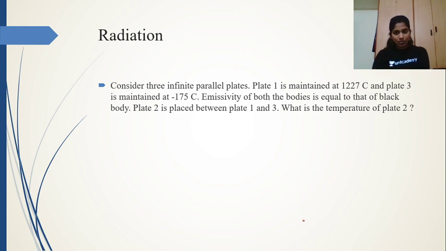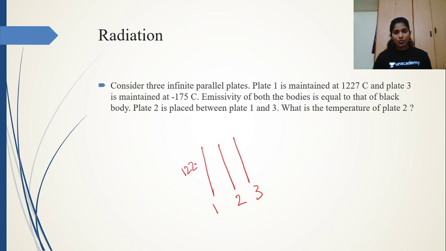So here another question is about radiation. Here we have three infinite parallel plates. Let us consider that this is plate 1 and this is plate 2 and this is plate 3, and plate 1 is maintained at 1227 degrees centigrade, and plate 3 is maintained at minus 175 degrees centigrade, and there is no data about the temperature of plate 2.